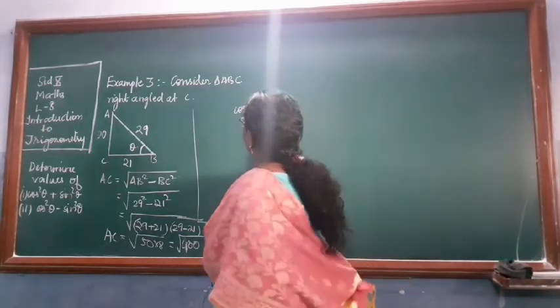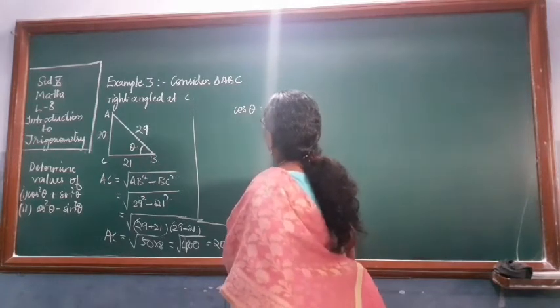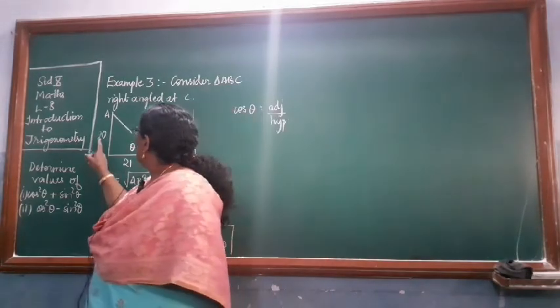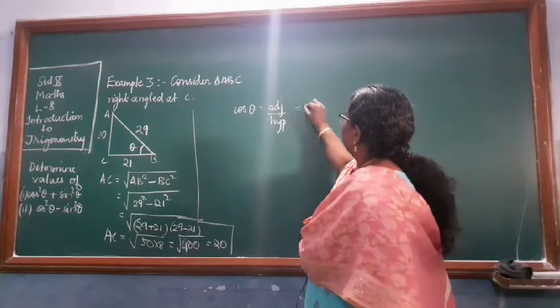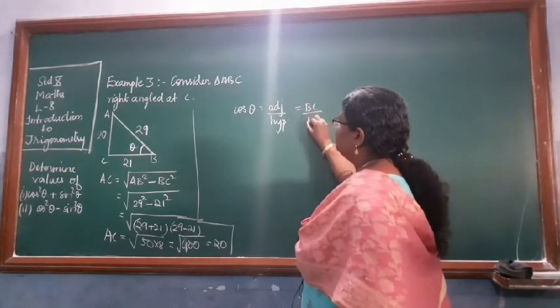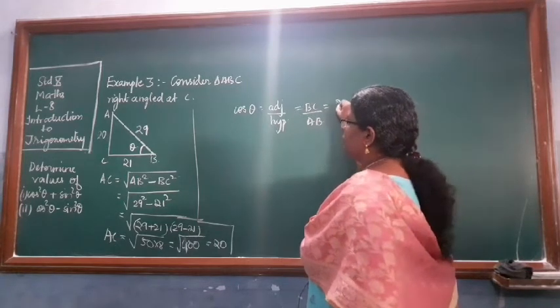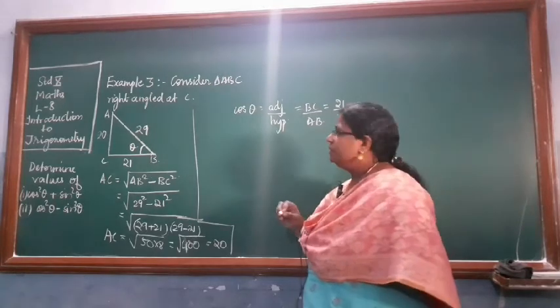First let me determine the value of cos theta. Cos theta is adjacent upon hypotenuse. What is the adjacent side to angle theta? It is BC. So that is equal to BC by AB. BC value we have got as 21 and AB value is 29.